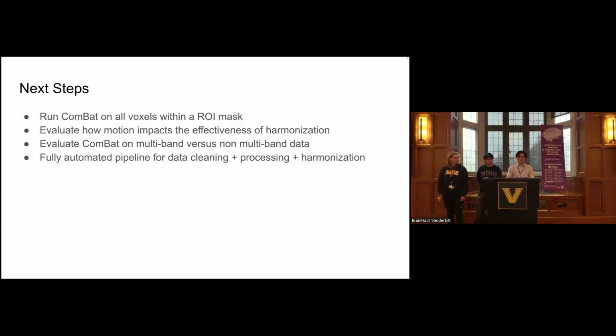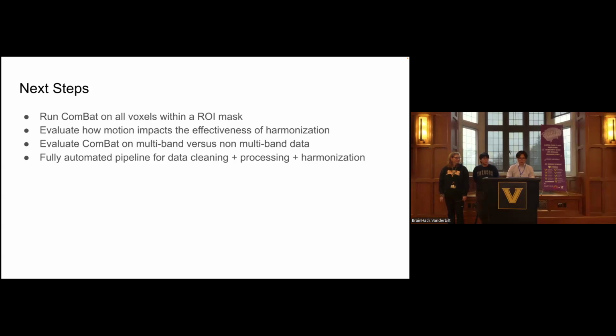So Dr. Roden actually gave us advice as to how to deal with that. So I think as our next step, we will try to implement his advice and see if ComBat works. And we also wanted to evaluate how motion impacts the effectiveness of harmonization as well. So we want to see if motion makes a difference or not.